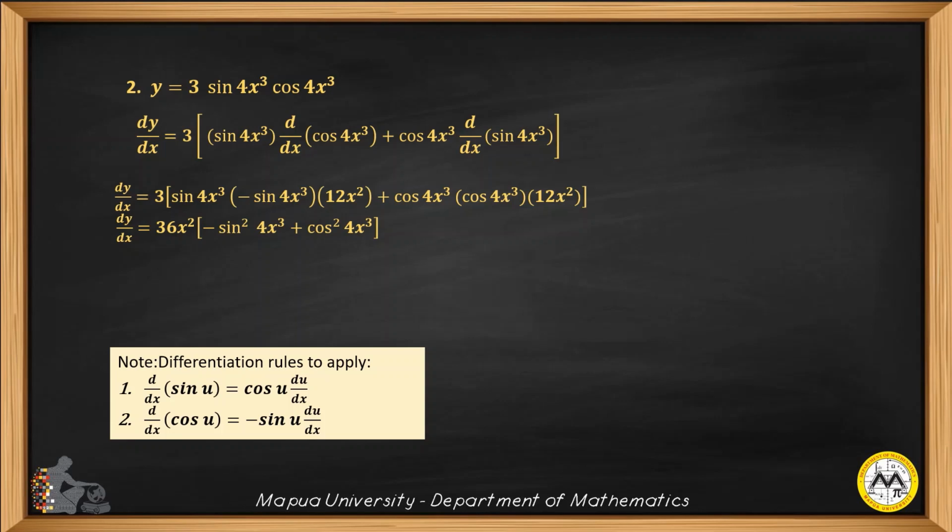And then the second term will just be the product of cosine 4x cubed with another cosine 4x cubed, or cosine squared of 4x cubed.